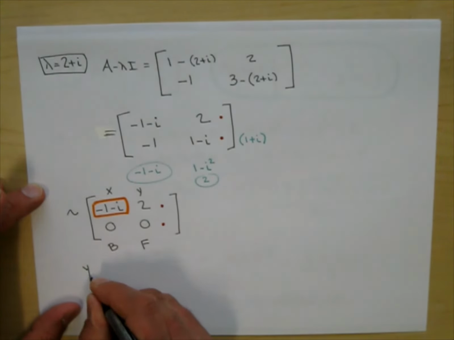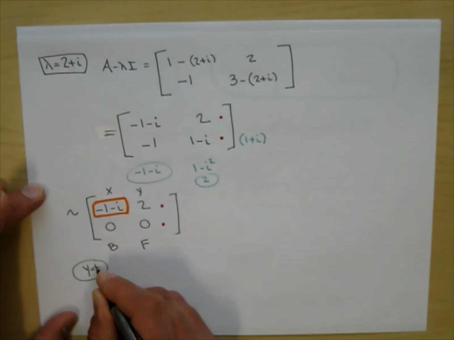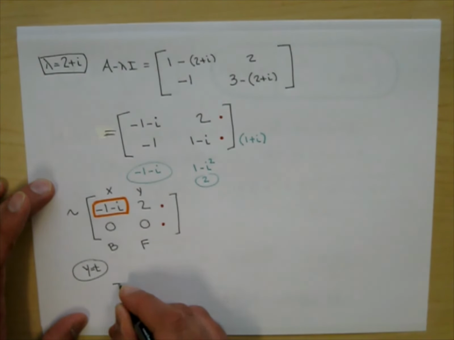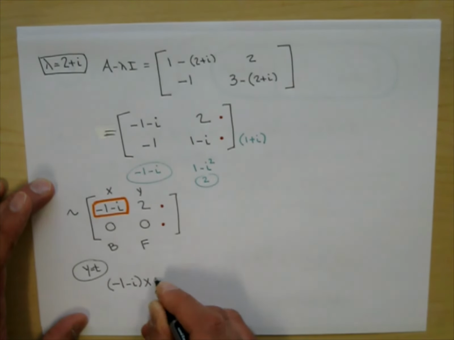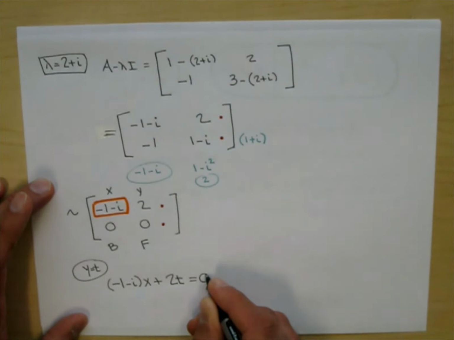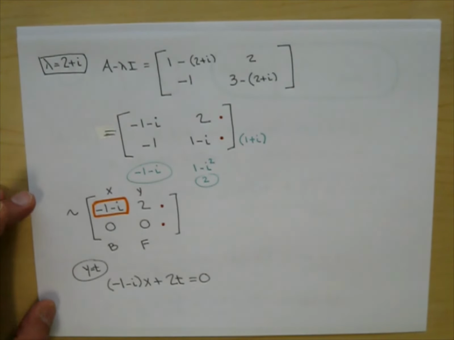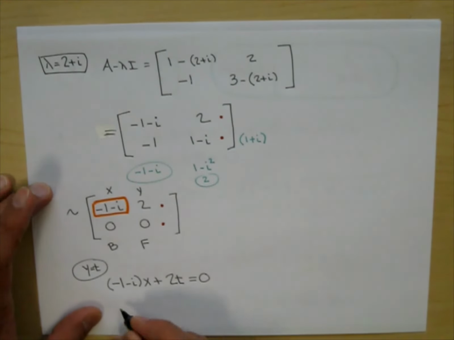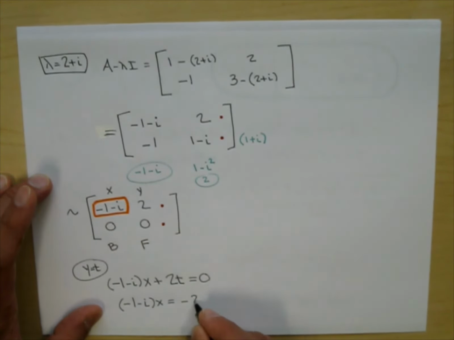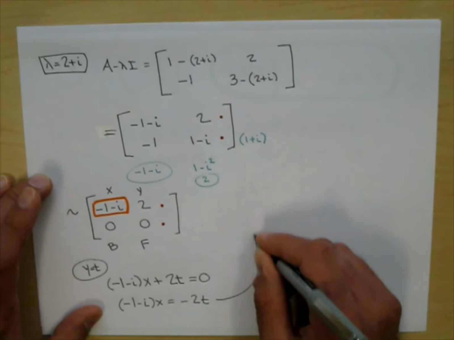So I'm going to say that y equals t because it is free. The first row says negative 1 minus i times x plus 2 times y, and I'll put t in for y, this equals 0. I have negative 1 minus i times x equals negative 2t.